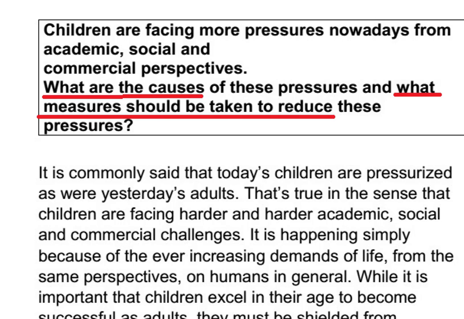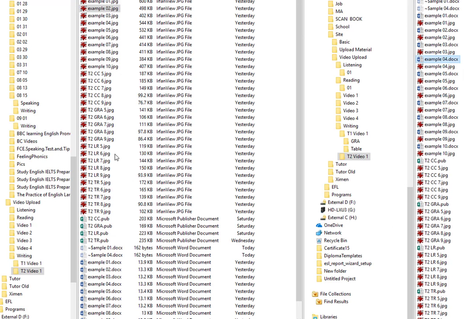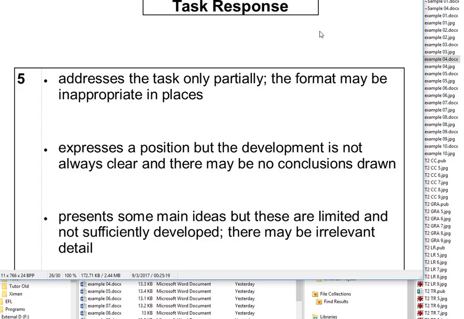Okay, so if we have a look at the task response from the band descriptors, out of 5, we have addresses the task only partially. I wouldn't say that's true.